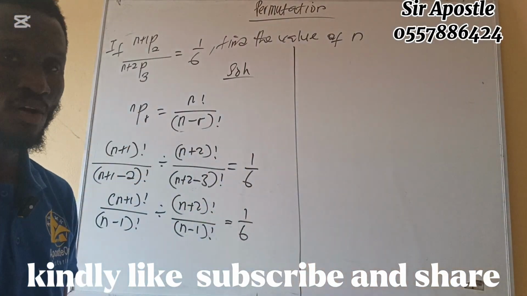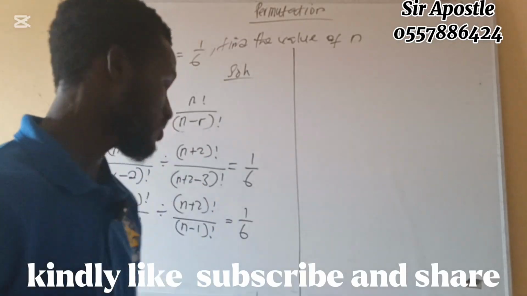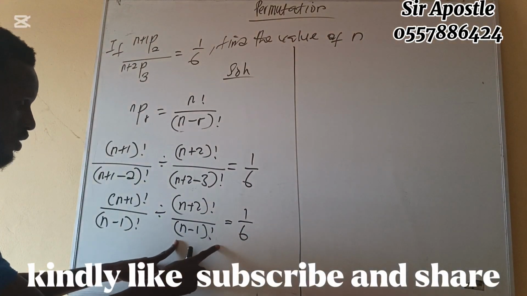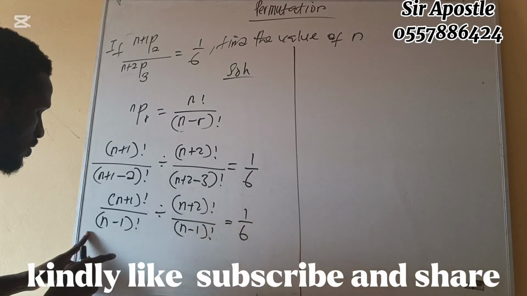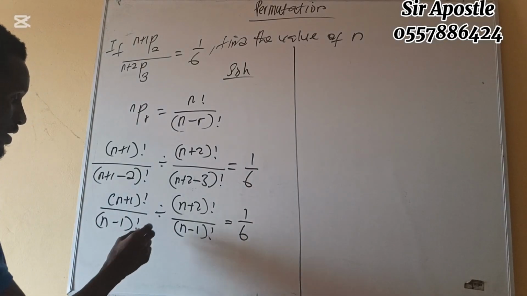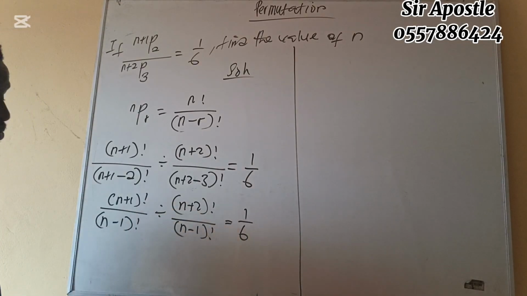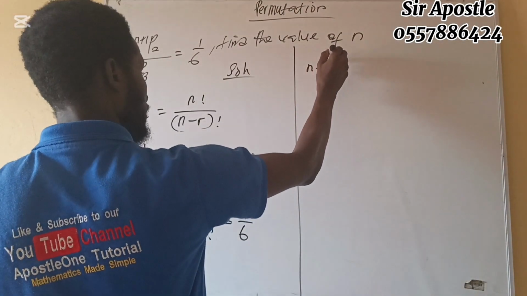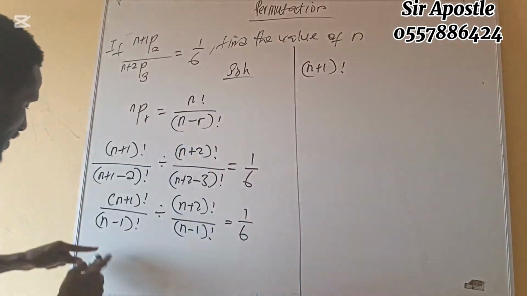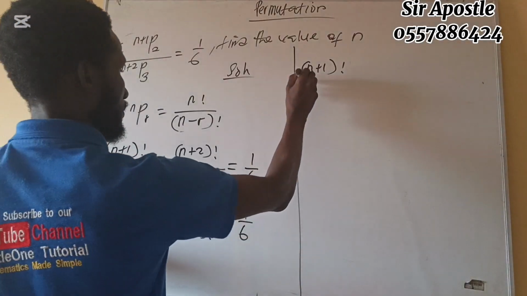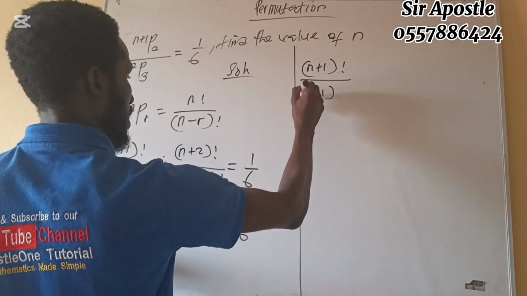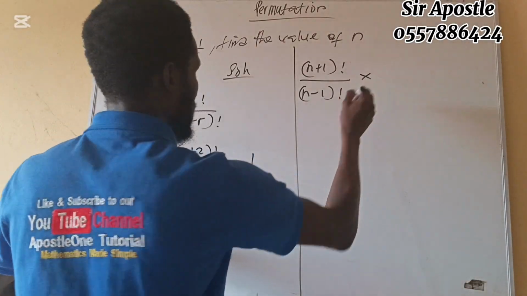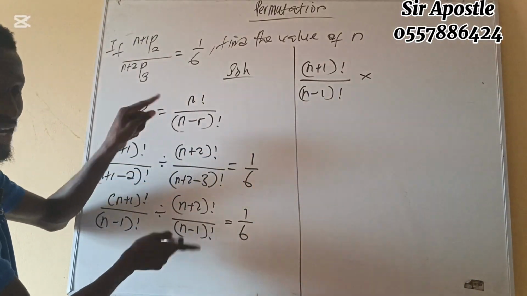Now, the more you are solving, the more you open your eyes on how you're going to solve. This particular one, I have (n minus 1) factorial here, and the same (n minus 1) factorial here. So, don't forget, I can change this division to multiplication. I'm going to have (n plus 1) factorial divided by (n minus 1) factorial, then multiplication, and you reciprocate the second fraction upside down.